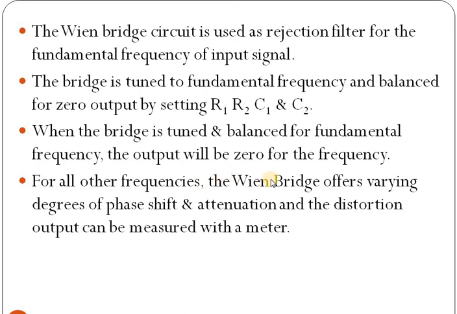For all other frequencies, the Wien bridge offers varying degrees of phase shift and attenuation, and the resulting distortion output can be measured with a meter connected at the output terminal.